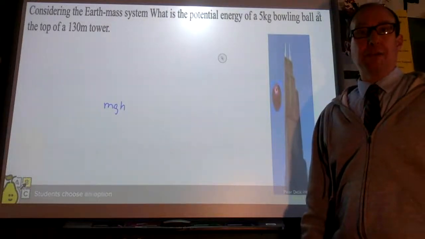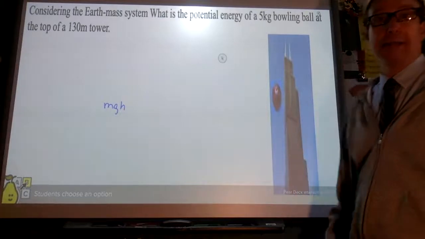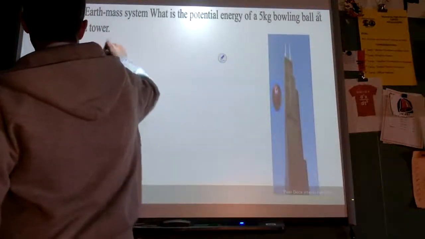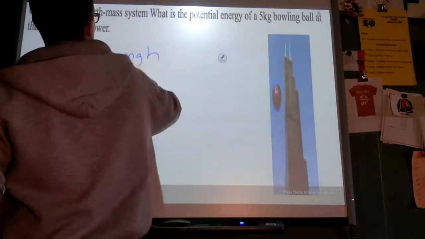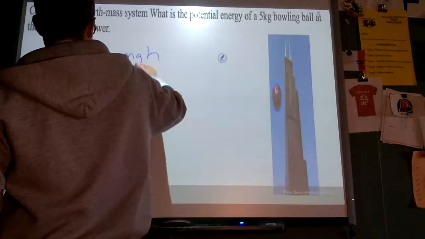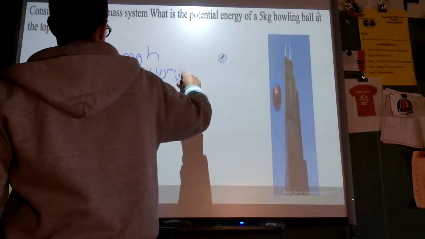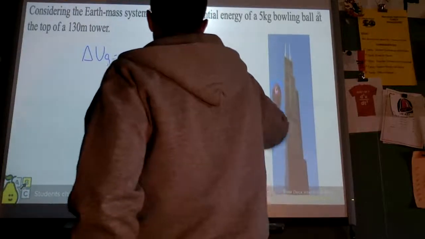So considering the Earth-mass system, what's the potential energy of a 5 kilogram bowling ball at the top of the tower? This is going to be equal to the mass of the bowling ball, the acceleration due to gravity, and the height.